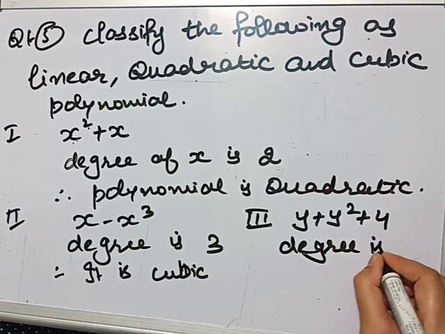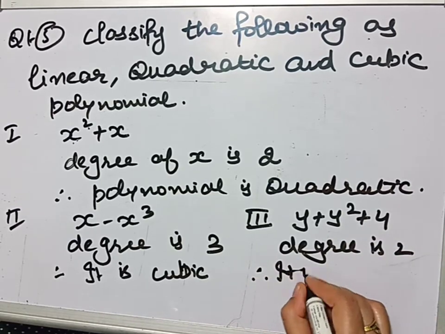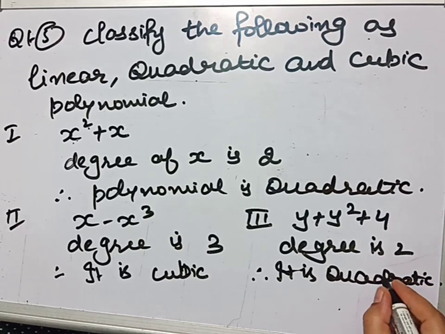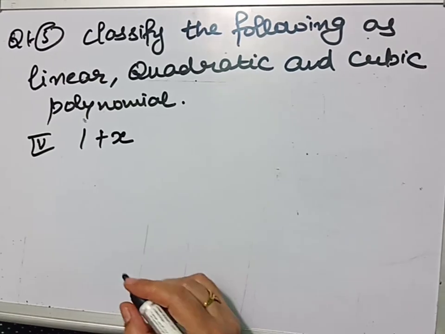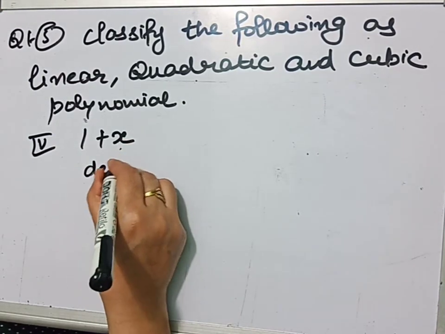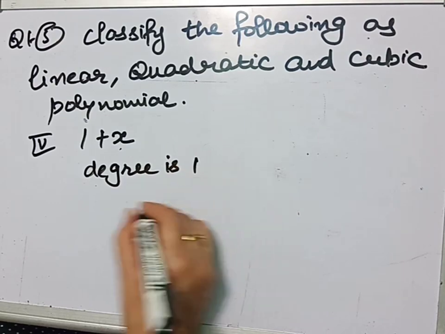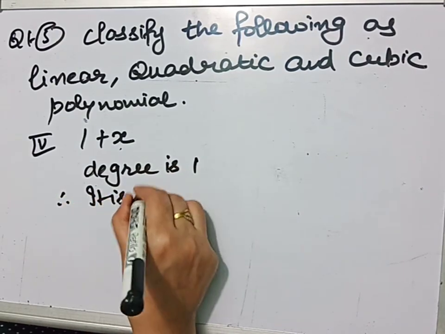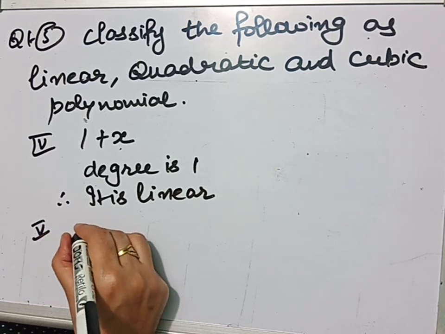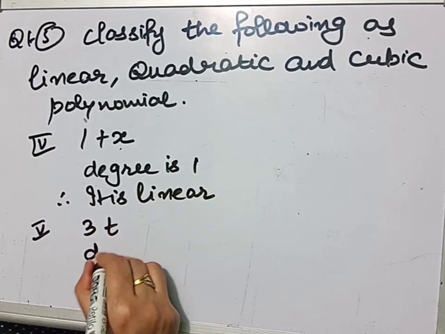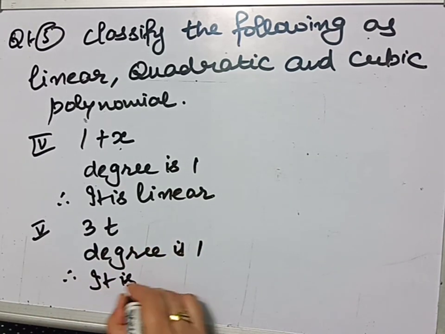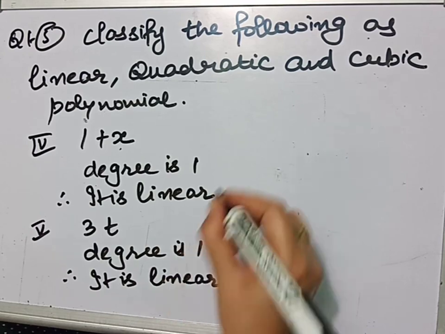Degree is 2, therefore it is quadratic. Fourth part is 1 plus x. Degree is 1, therefore it is linear. Fifth part, 3t. Here degree is 1, therefore it is linear.